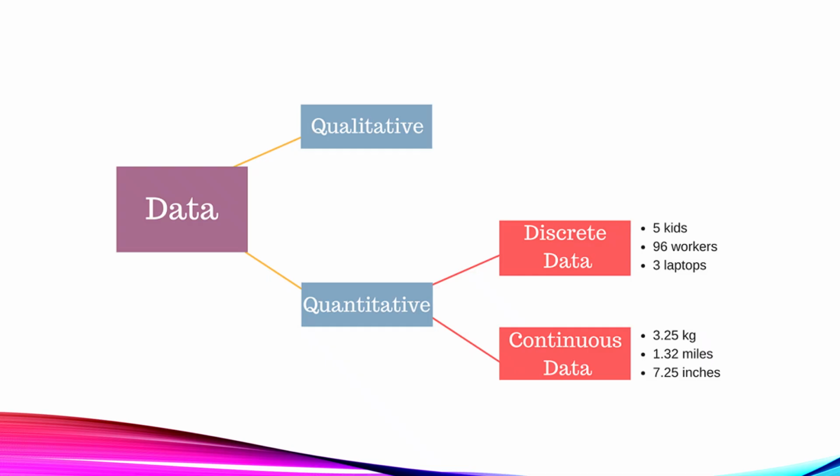For continuous data, like for example 3.25 kilograms, you cannot count it, but you need to measure it using a weighing scale. 1.32 miles: you cannot simply count it with your fingers. You need to measure it. 7.25 inches: you need a tape measure or whatever instrument to measure it. You cannot simply count it. Those are continuous data.